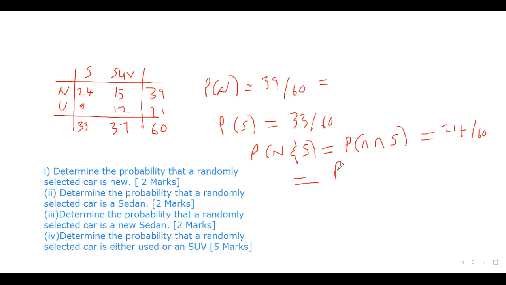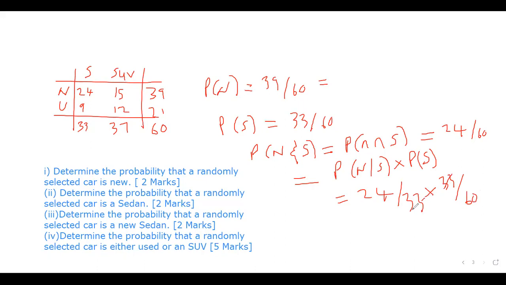Yes. If you want, you can do N given S times the probability of S. So what is N given S? 24 over the total for S, 33. Times the probability of S, 33 over 60.